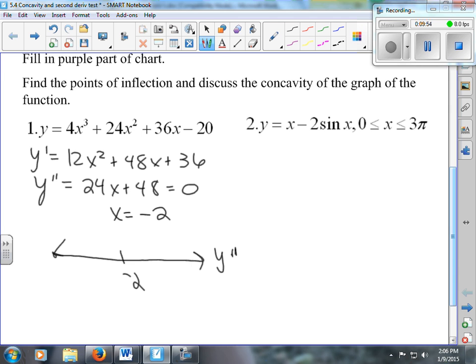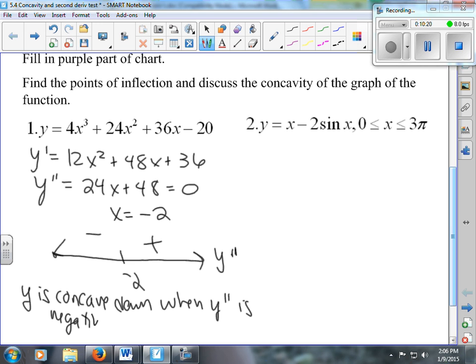All right, so at negative 2, I have the critical point. If I plug in 0, I get positive. And if I plug in -3, I would get negative. And so this means that my function y is concave down when y double prime is negative, and that would be on the interval -∞ to -2.